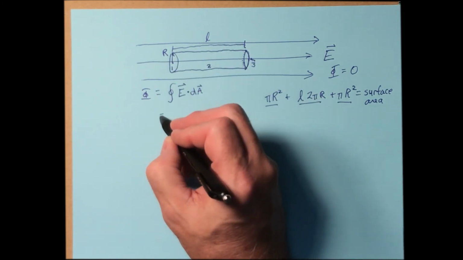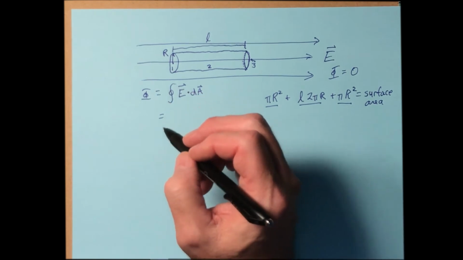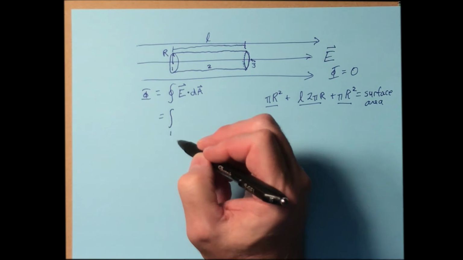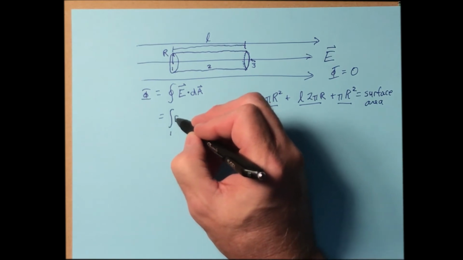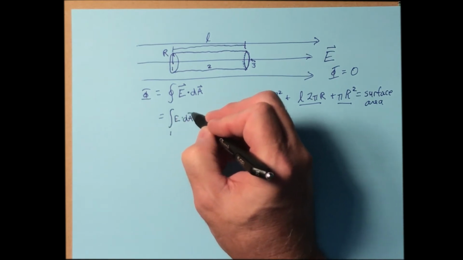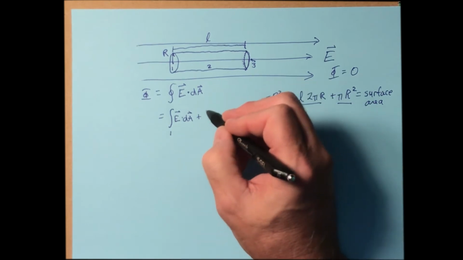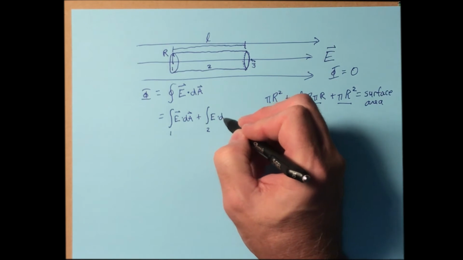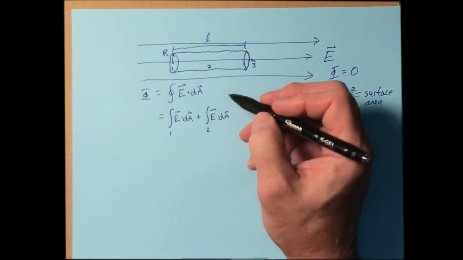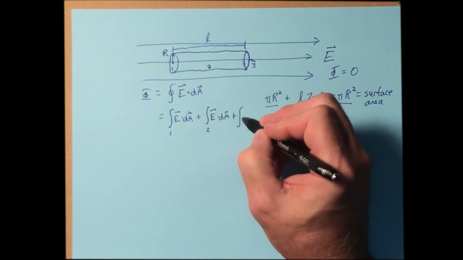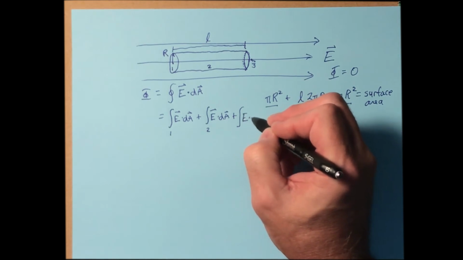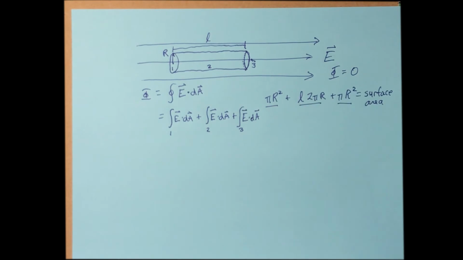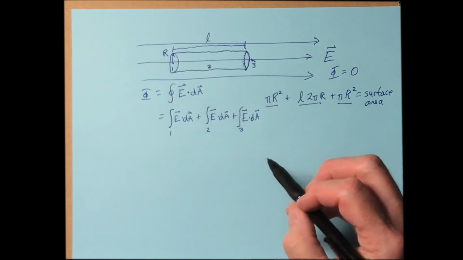If I break this closed surface integral up, I can break it up into the integral over area 1 of E dot dA, plus the integral over area 2 of E dot dA, plus the integral over area 3 of E dot dA. And that's the total flux.